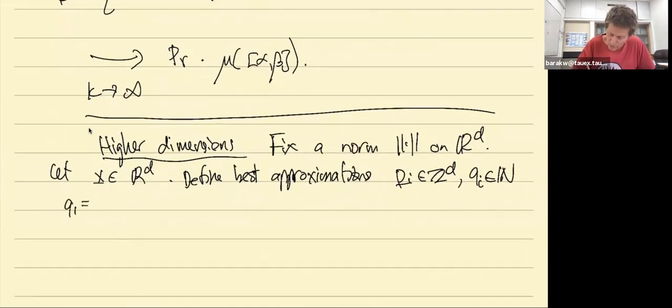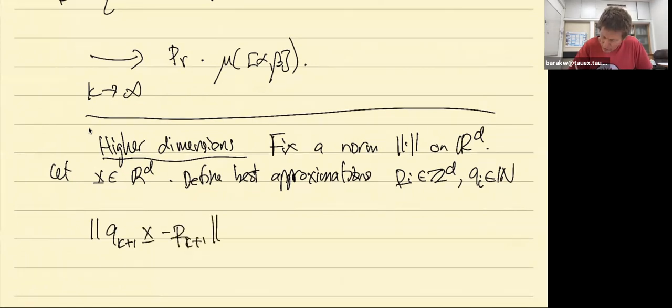Again, q1 equals 1, and let me write down what we're looking for. It's the same quantifiers and everything, but what we're measuring is the quality of the approximation with respect to the norm that we've chosen.